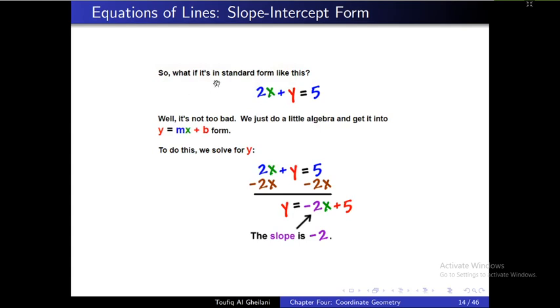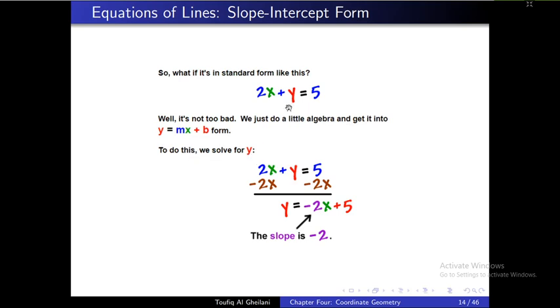So what if it is in the standard form like this one, 2x plus y equal 5? Well, it is not too bad. We just do a little algebra and get it into y equal mx plus b form. To do this, we solve for y.